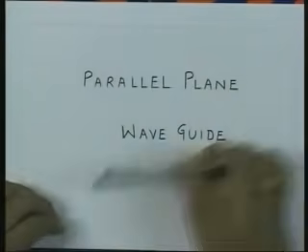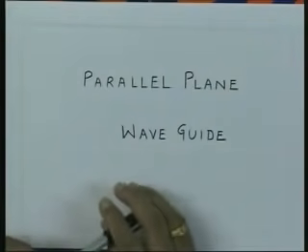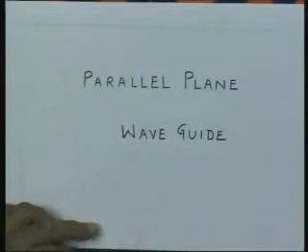And that is precisely what we are going to do here: with the understanding which we have developed from the reflection of a plane wave from a conducting boundary, we will try to develop an understanding for a waveguide, what is called the parallel plane waveguide.